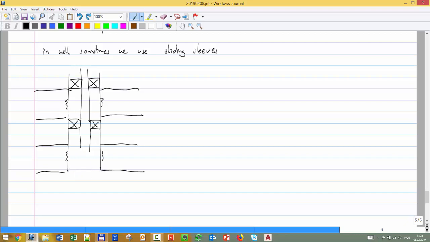If I don't have anything else below, I can do it like that. And then I put some component here. The fluid has to go from this annular space inside the tubing, so I have to make a hole. To be able to control the hole, I put something called a sliding sleeve.